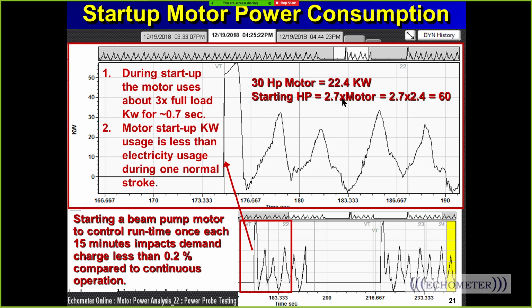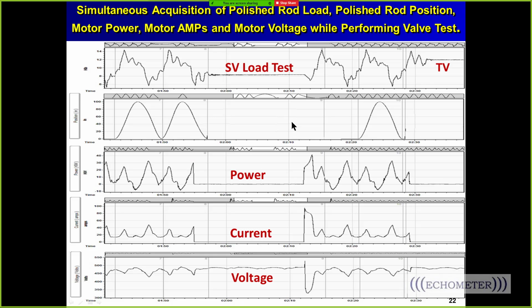You multiply that times 2.7, and that's 60 kW, which is about 3 times bigger. That's what I was trying to say. This number 60 is 3 times bigger than the normal kW of the 30 horsepower motor, and that's because it's a NEMA motor. Another motor would be less.